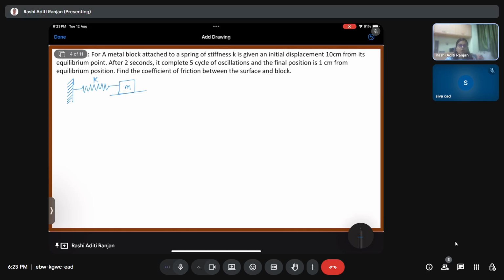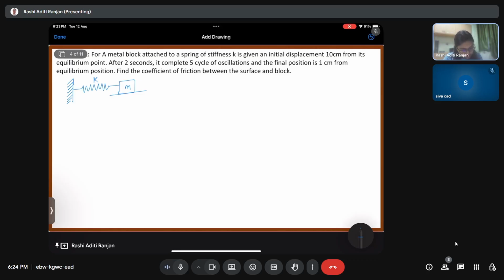There is no force acting and there is no elongation or compression of the spring. This may also be considered as a vertical spring mass system, and it is applicable for that also. In that case, equilibrium point means that there is a balance of mg and kx.